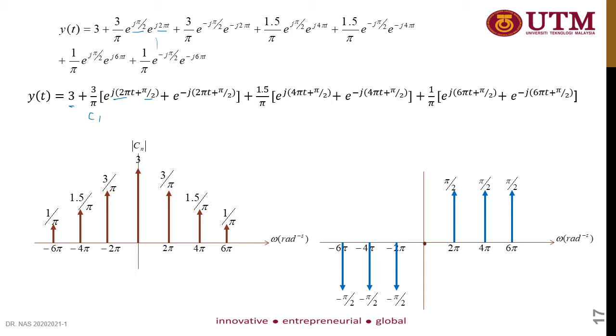When you have negative frequency, you have negative phase shift. So negative times positive, it's negative. Okay, and so you can notice that inside the bracket, it is always similar for all cases. All right, and this one as well.